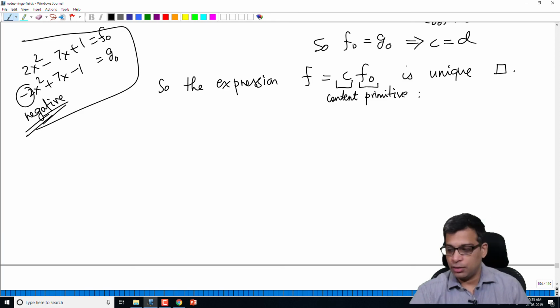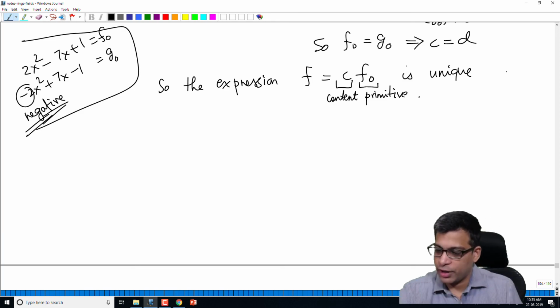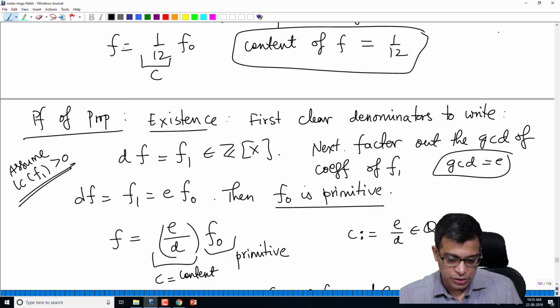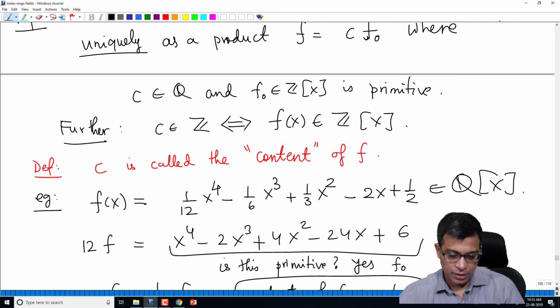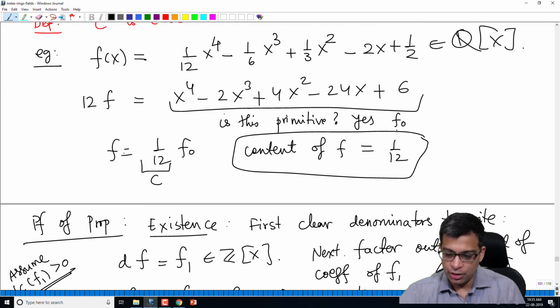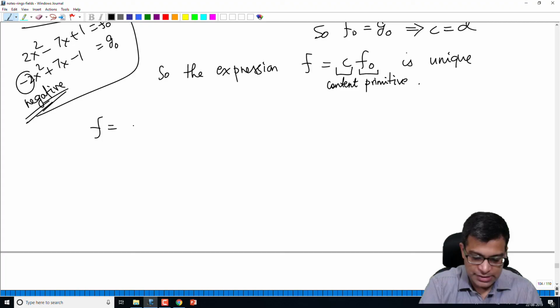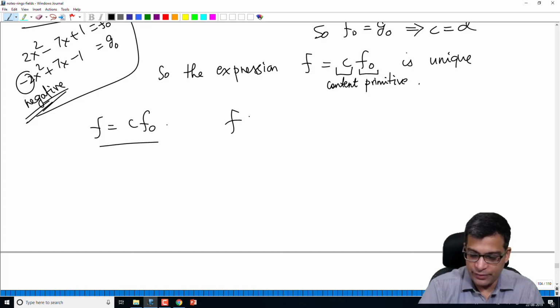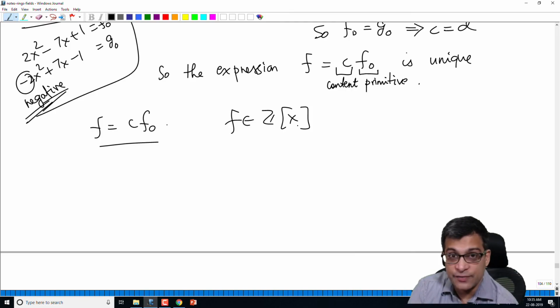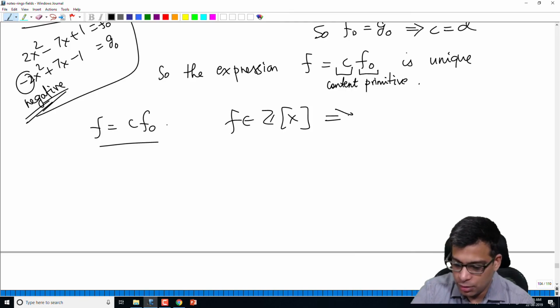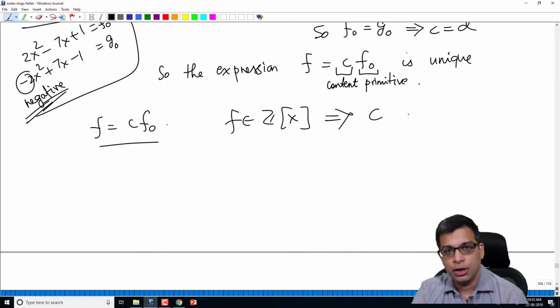Now the proof is not quite complete, because the proposition also says that C is in Z if and only if F(x) is in Z[x]. This is now easy, right? Because we have written F as C times F0. So suppose F is in Z[x]. If F is in Z[x], we know that F0 is also in Z[x], and the coefficients of F0 have no common factors.